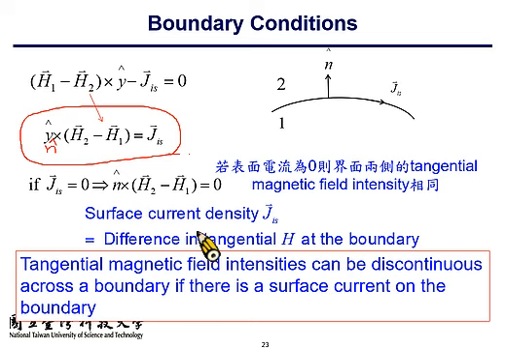If the surface current equals 0, then there will be no difference in the tangential part of the magnetic field intensity across the interface.